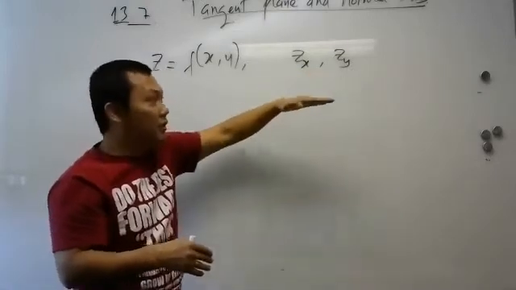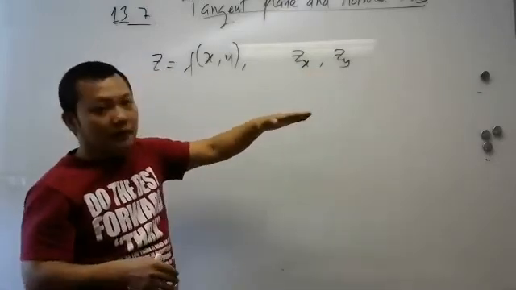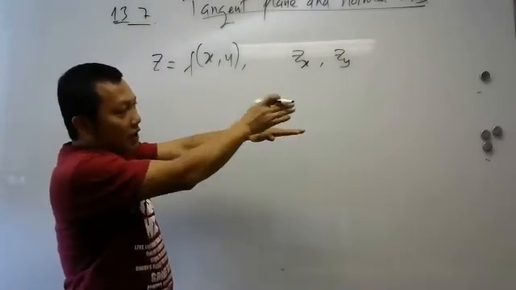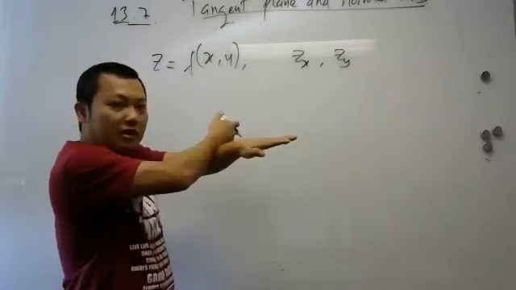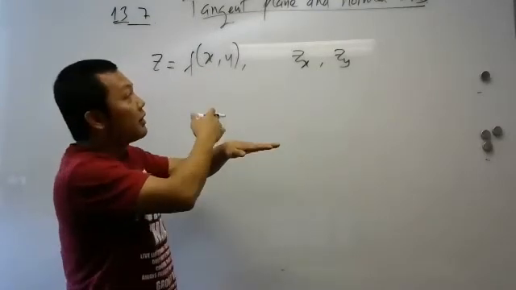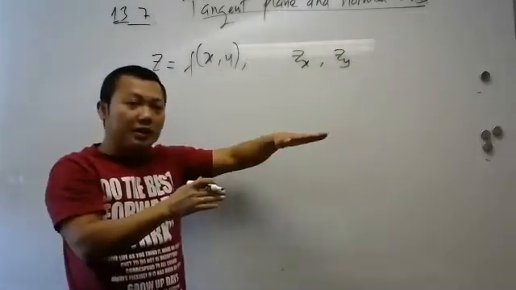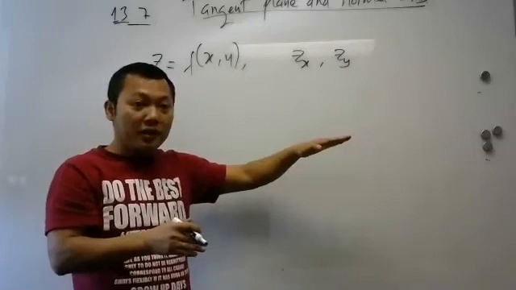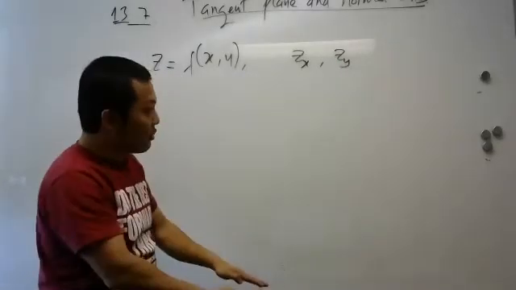So if both of them are zero, basically the tangent line to the curve in the direction of x and the tangent line to the curve in the direction of y should be horizontal. So in this situation, they will form a tangent plane, which is parallel to the XOY plane.